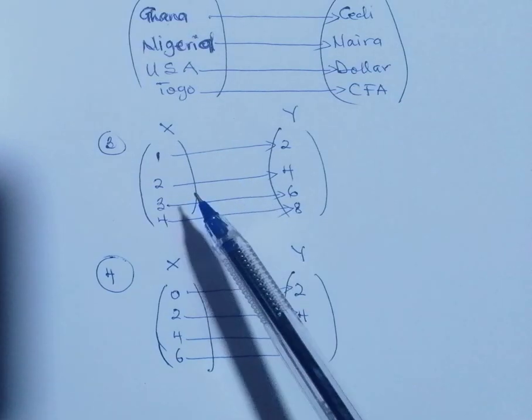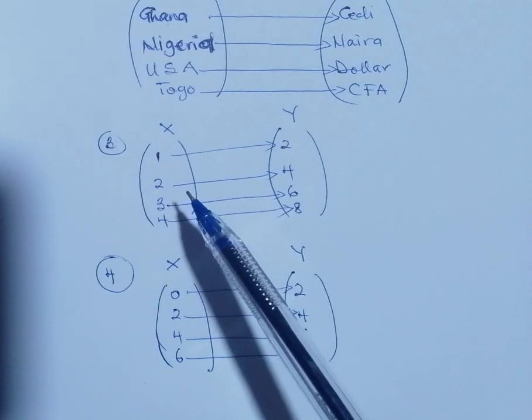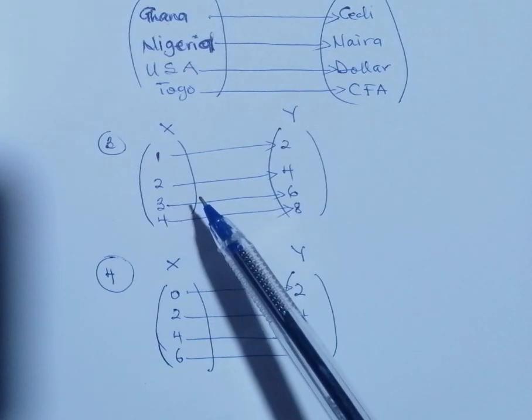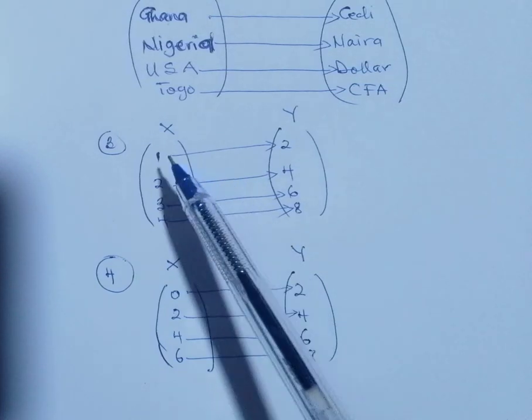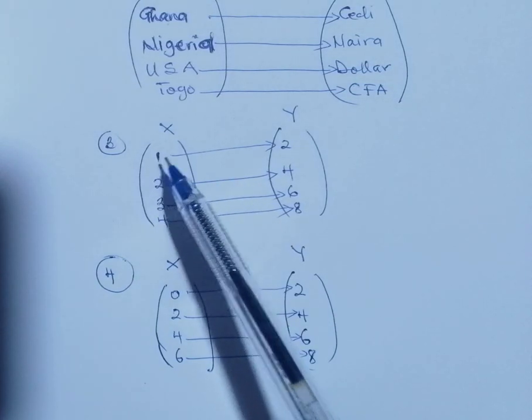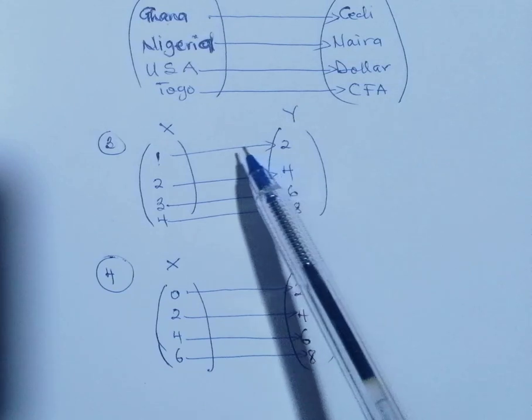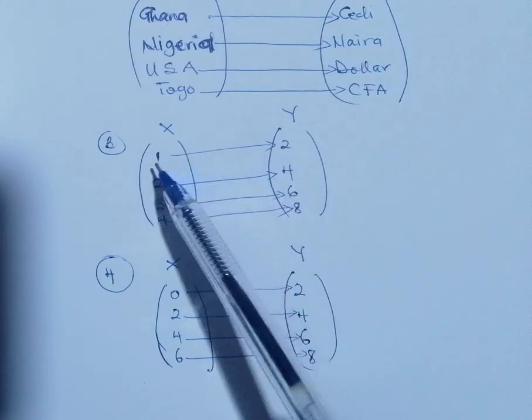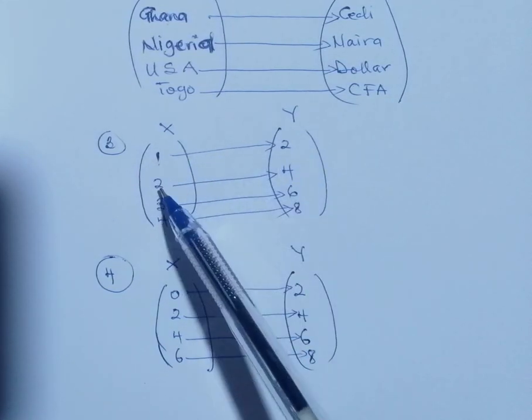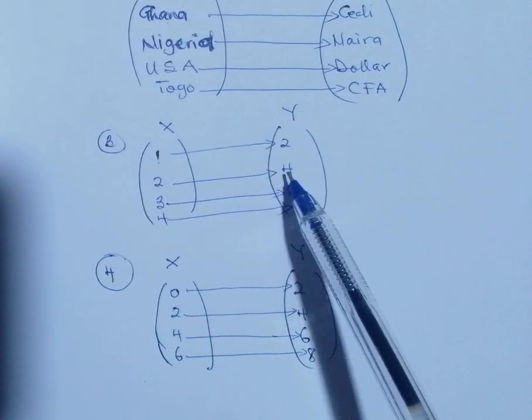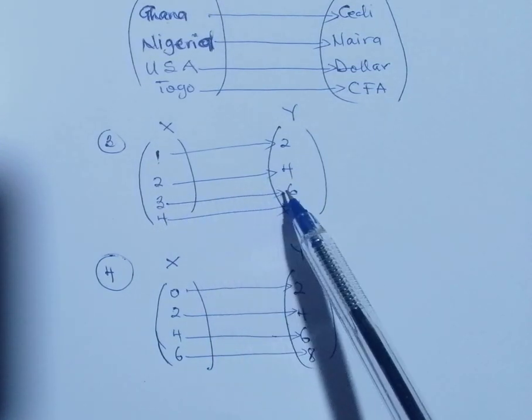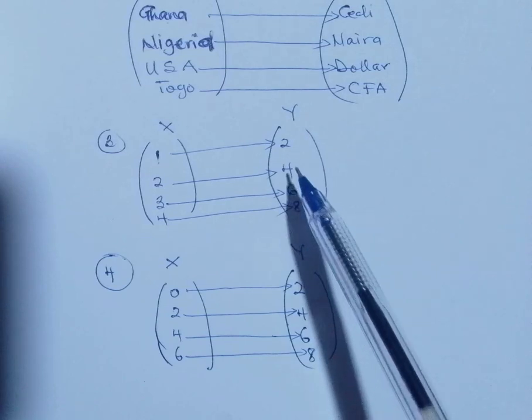Let's look at the relation between X and Y in example 3. You see that 1 maps onto, or corresponds, or matches to 2, 2 matches to 4, 3 matches to 6, 4 matches to 8. What comes to mind?